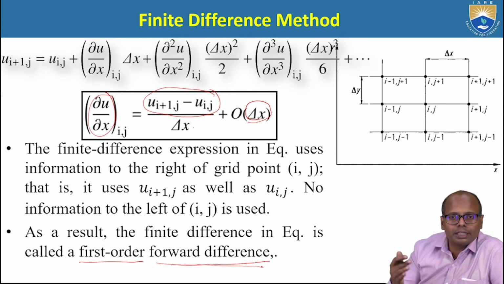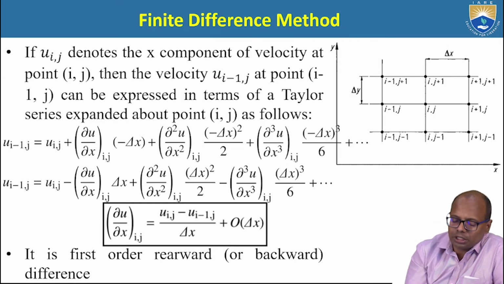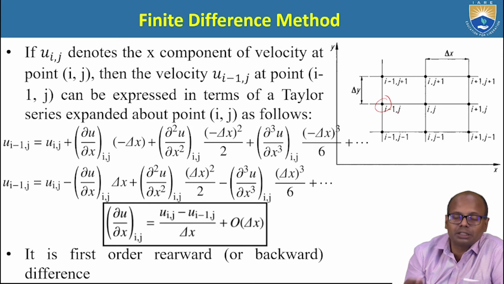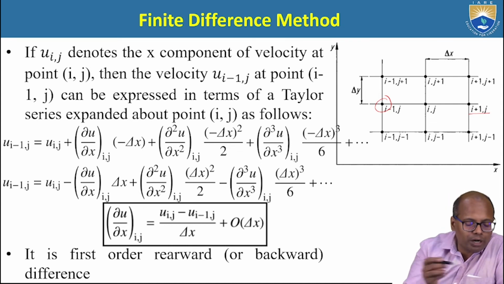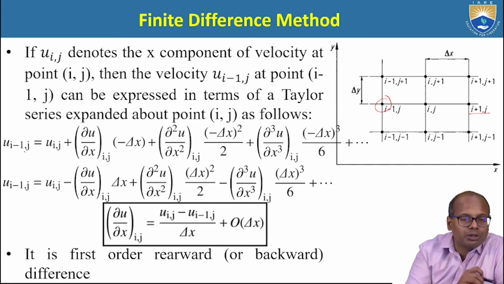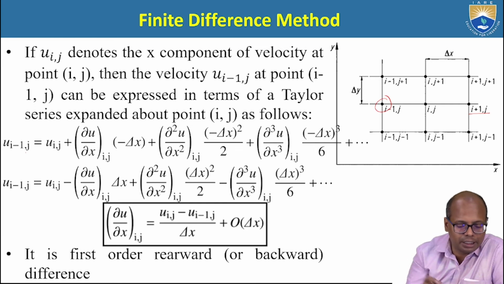So how do we get the backward difference? Suppose I express the Taylor series for u i minus 1, j. Previously I expressed the Taylor series for u i plus 1, j. Now I am expressing the Taylor series for u i minus 1, j. So how to write that? We don't have to remember this series separately.